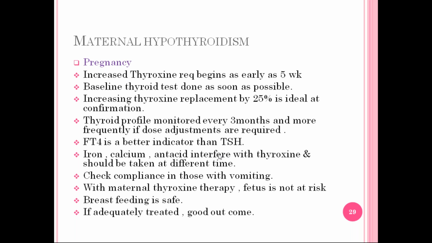Iron, calcium, and antacids interfere with the thyroxine and should be taken at different times. That's why we tell the patient to take the thyroid tablet as soon as she gets up in the morning and after she brushes her teeth. If she wants to take any other tablet, the gap between the two tablets should be at least 1 hour.